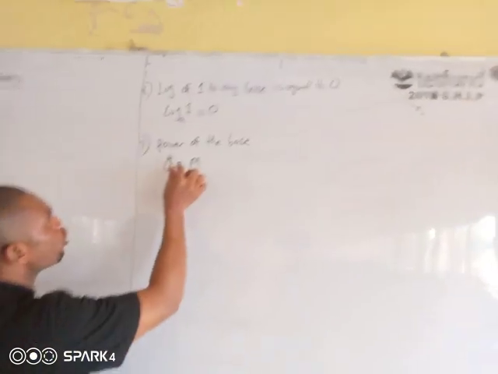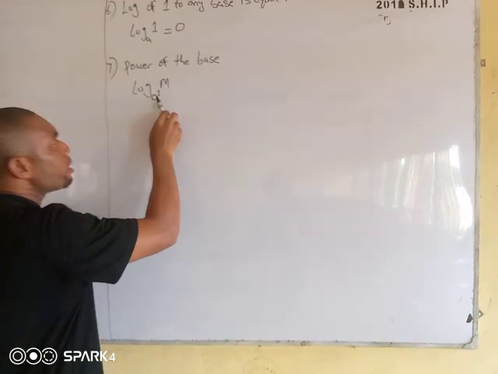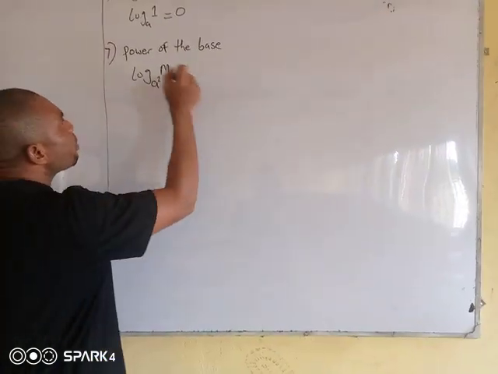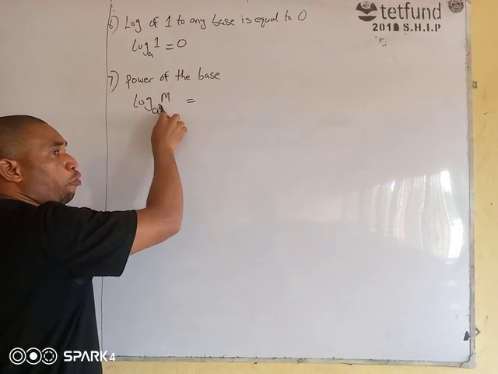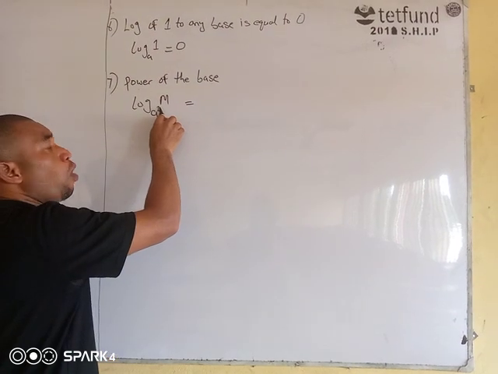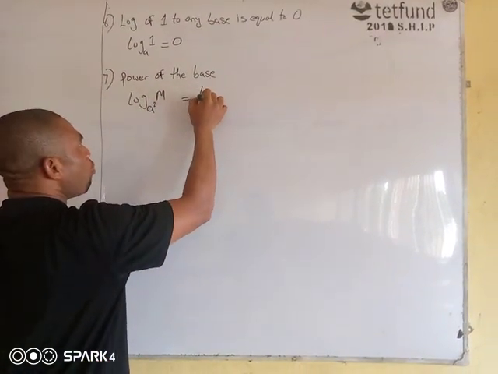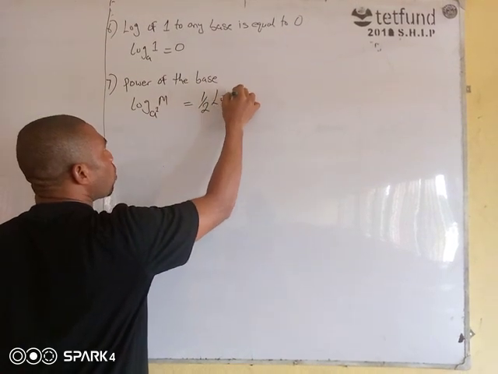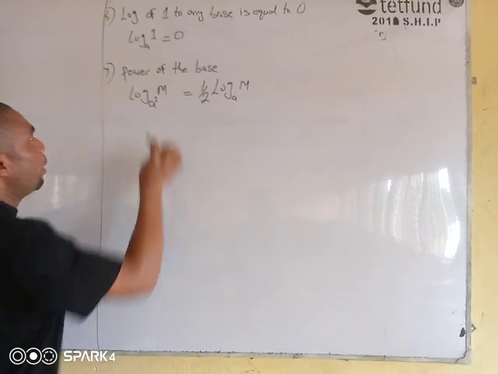Now, from the definition, the power of the base, meaning that the base has the power, the result is we take the reciprocal of this power here, which will now be used to multiply the log, meaning I'm going to have 1 over 2 log m base a. Power of the base.